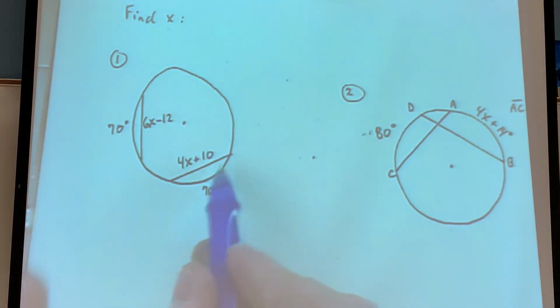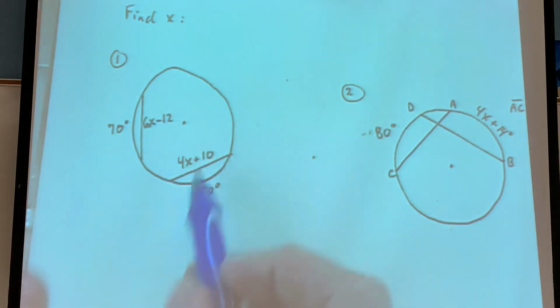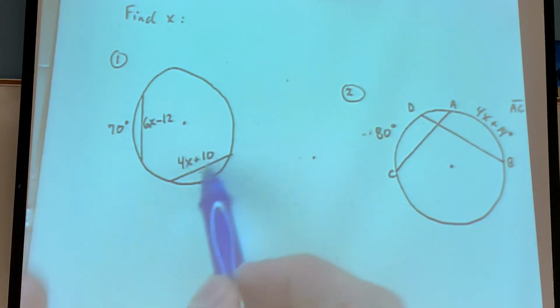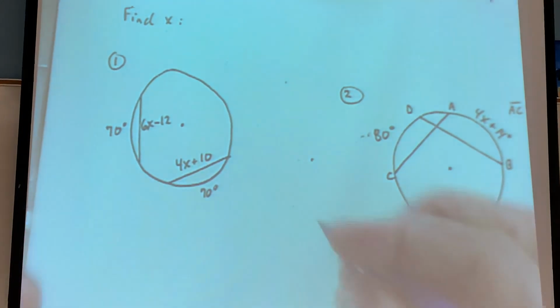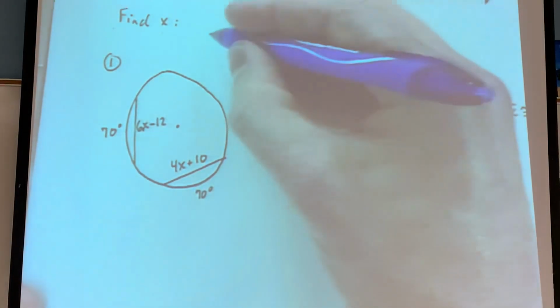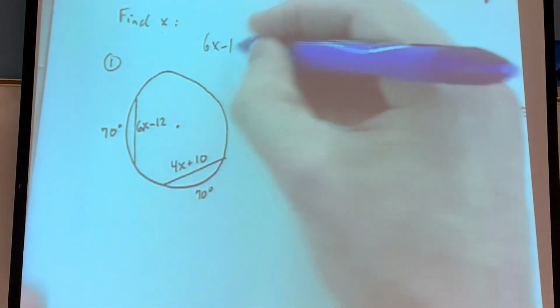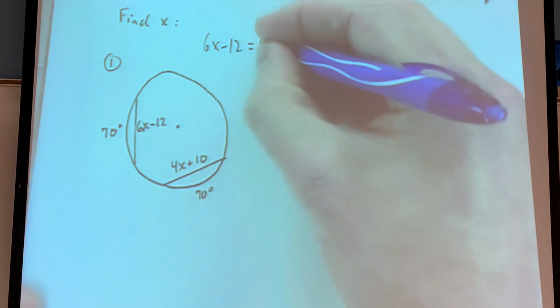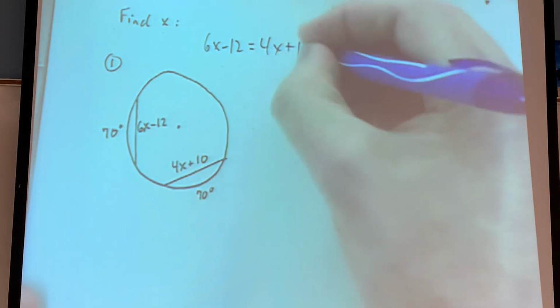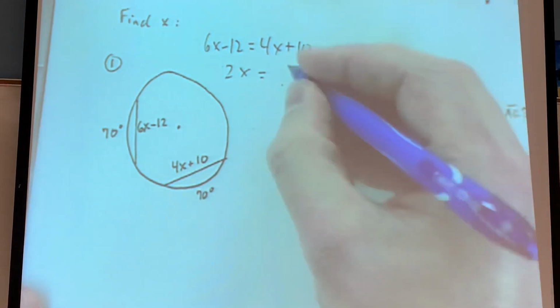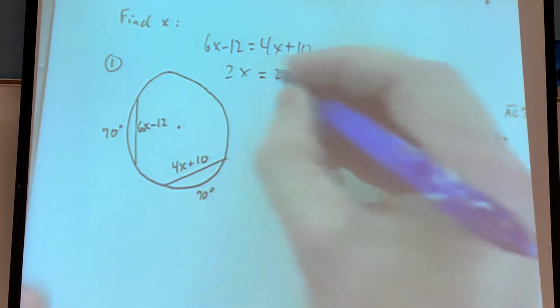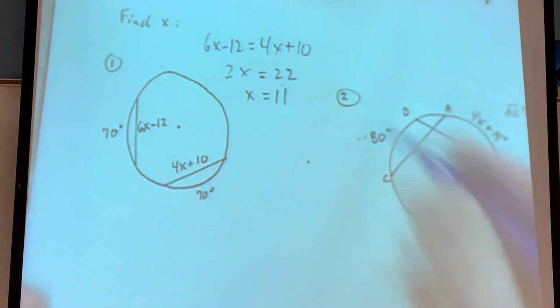So therefore, since we know these are both 70, we know these 2 segments are equal or congruent. So we can simply set them equal to each other and solve for x algebraically. So solving, we have 2x equals 22, and x comes out to be 11.